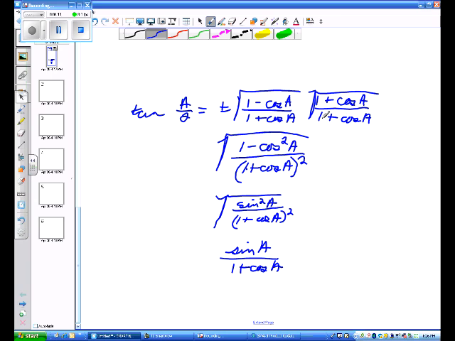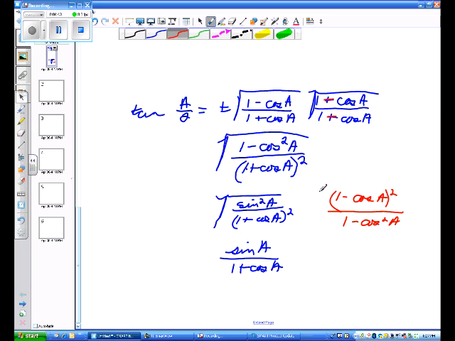Now we could go back and we could do the same thing where we multiply both of them by the square root of 1 minus cosine A. So what we're going to end up with in the numerator, we would have 1 minus cosine A squared over 1 minus cosine squared A, because now it's the denominators that are conjugates.